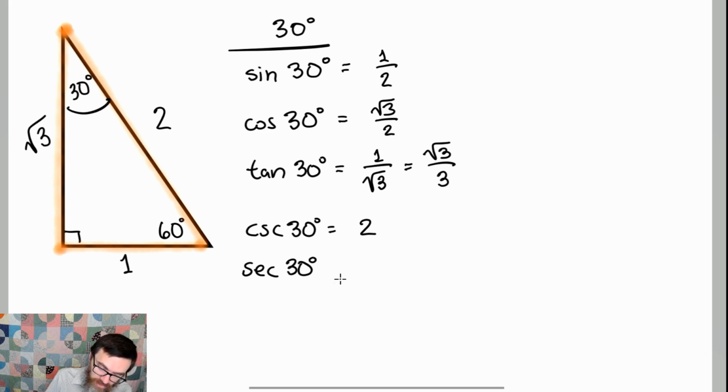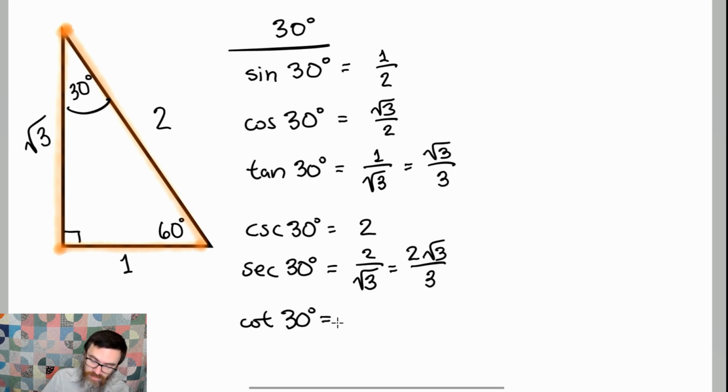The secant of 30 degrees is going to be the reciprocal of cosine, so that's 2 over the square root of 3, and when we rationalize, we get 2 square roots of 3 over 3. And the cotangent of 30 degrees will be the reciprocal. So here's this guy right here. If I just flip that over, I get the square root of 3, and I don't have to rationalize.